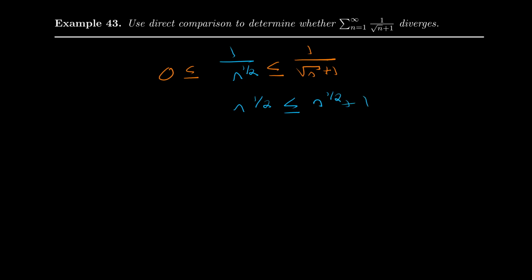That's true. But then if you do the reciprocal, you'd have to flip this sign. So you cannot compare directly against this. Be very careful and make sure that that works out. They're both certainly positive, so that works. But this is not true. So you cannot make that comparison. You would miss this problem if you did that.